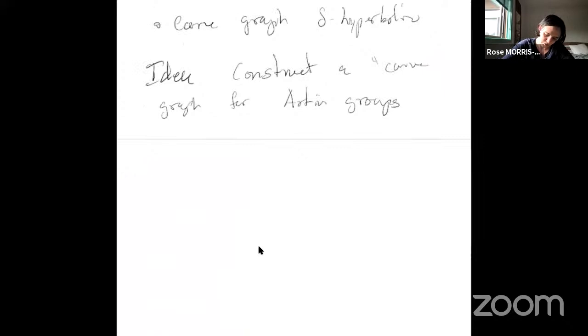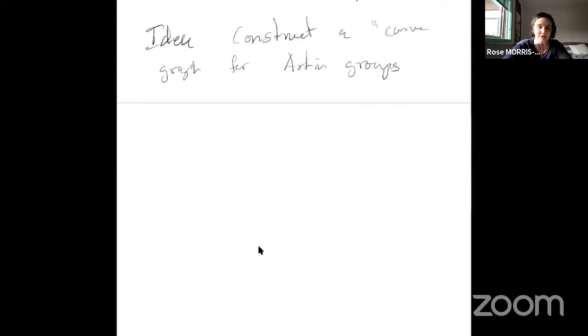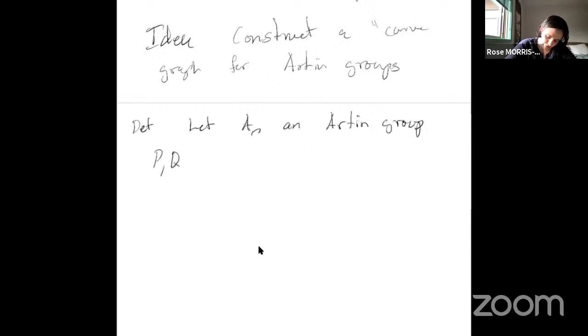All right, so that was your crash course in curve complexes, and now we should talk about how this works for Artin groups. We're going to start with an Artin group. You can do this definition for any Artin group you like, but we don't know very much about it except in very specific cases. So P and Q, again, are going to be parabolic subgroups.